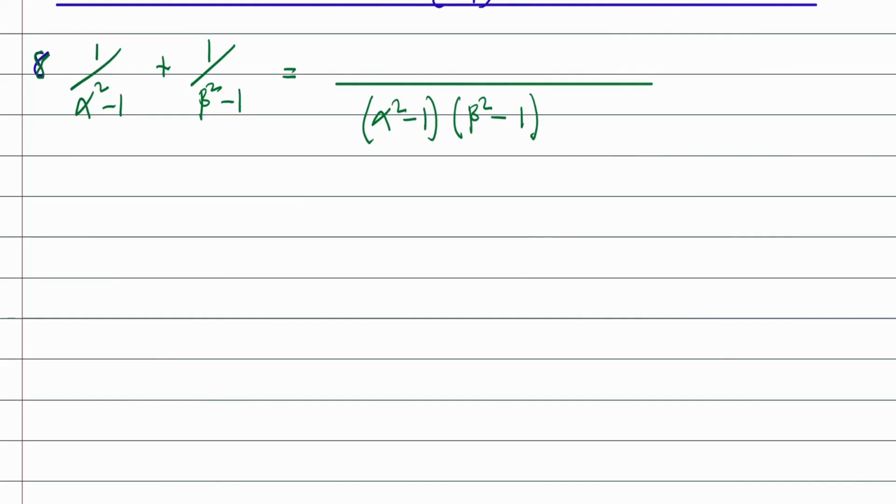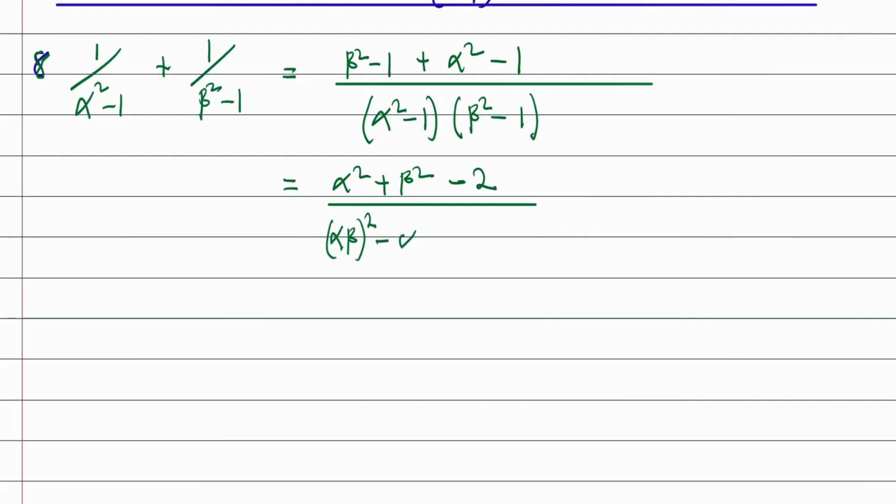So as we are dividing, here we are going to get beta squared minus 1 plus alpha squared minus 1. As we simplify this, above we have alpha squared plus beta squared minus 2, divided by, as we multiply this, we are going to have alpha beta squared minus alpha squared minus beta squared plus 1.